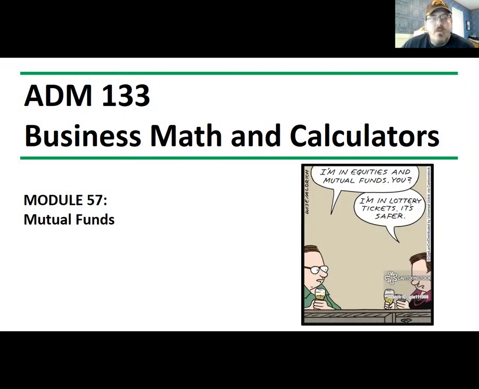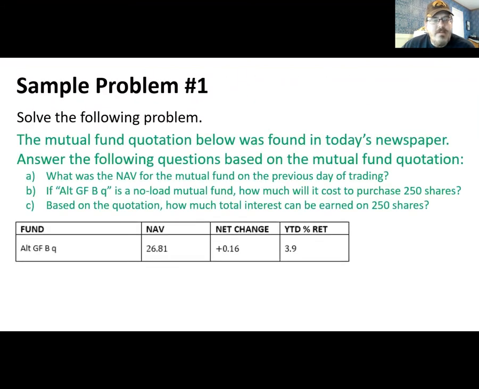All right, so here we go with mutual funds. Sample problem number one, we are given a mutual fund quote. Again, like a stock quote or a bond quote, there's certain information that you find related to mutual funds. Mutual funds are a little bit different in the sense that rather than being like a stock in a particular company or a bond for a particular company, mutual funds are more like portfolios of funds.